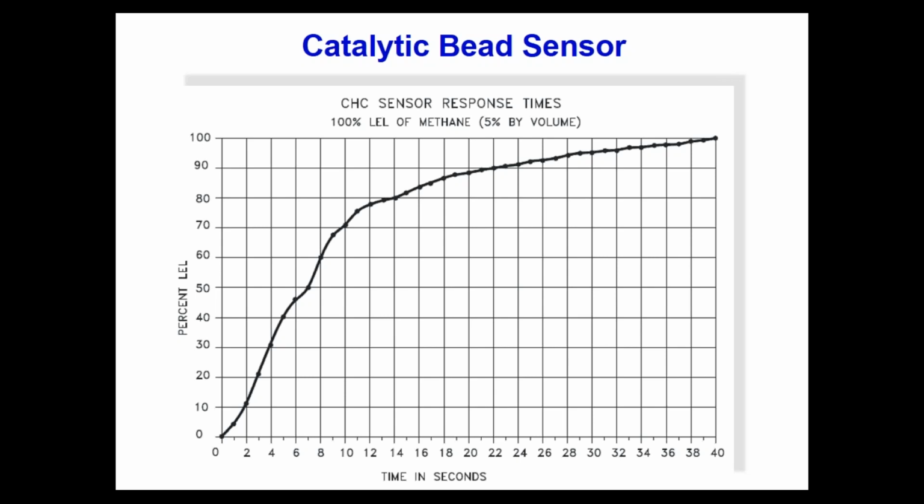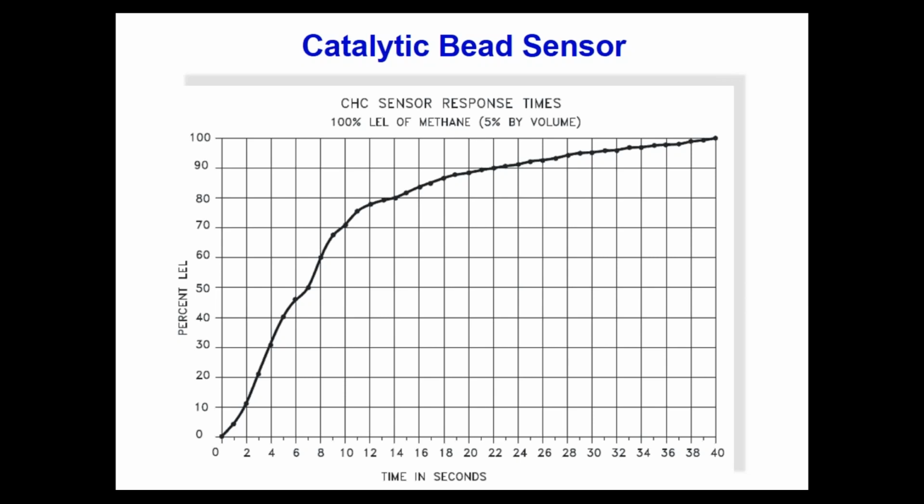Besides the mechanical properties of a sensor, I'm probably going to say that 95% of the speed of response is because of two things: the actual mechanical capability of diffusion of the gas into the sense chamber, and the actual amount of heat that's produced by a particular gas concentration.